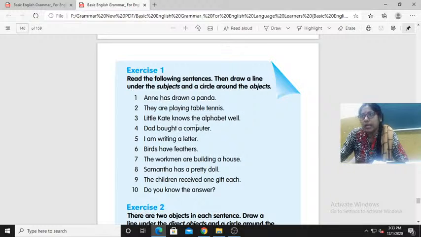Dad bought a computer. I'm writing a letter. Birds have feathers. And the workmen are building a house. Samantha has a pretty doll. The children received one gift each. Do you know the answer? Read the following sentences, then draw a line under the subjects and circle around the objects.